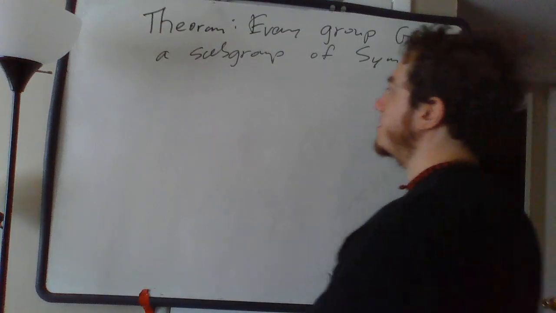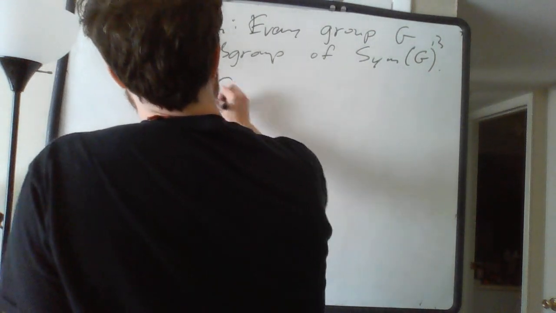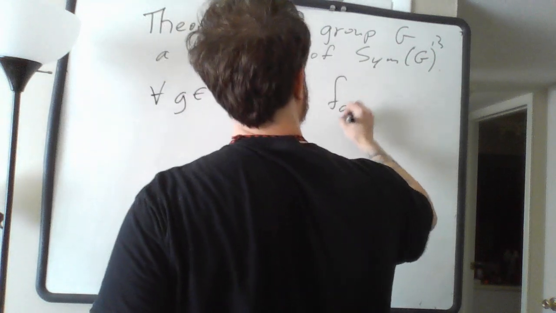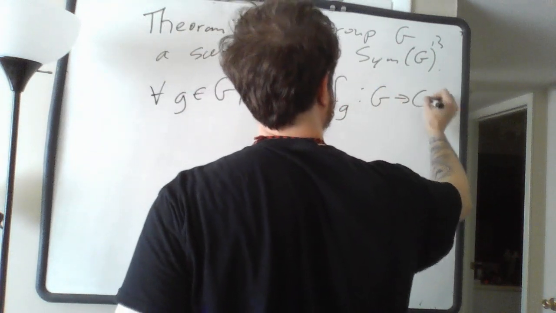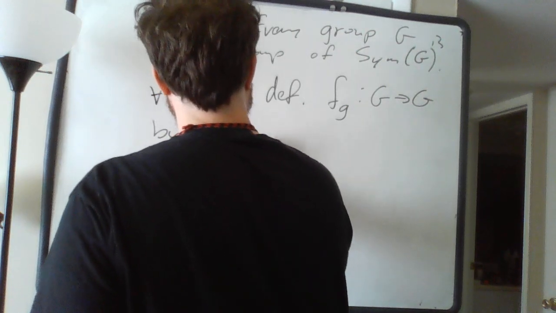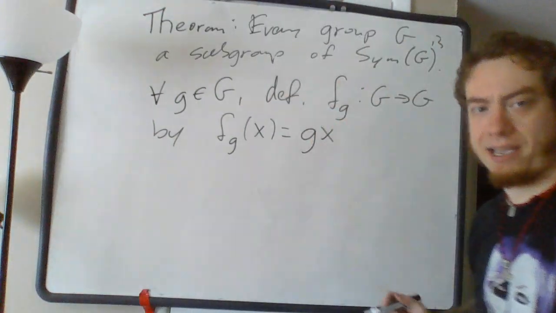Well, the point is that for all little g in G, we can define f_g, taking G to itself, by f_g of x is equal to g times x.